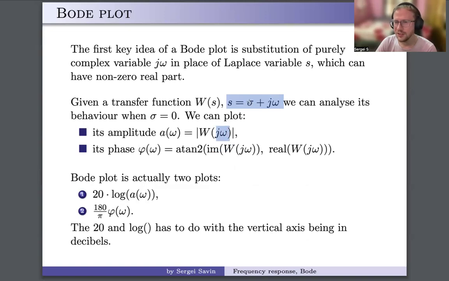Sometimes we say we go from the Laplace domain to the frequency domain. So we replace the S variable, the Laplace variable, with the frequency variable, j omega, and you compute your amplitude by finding the absolute value, and your phase using the arctangent.